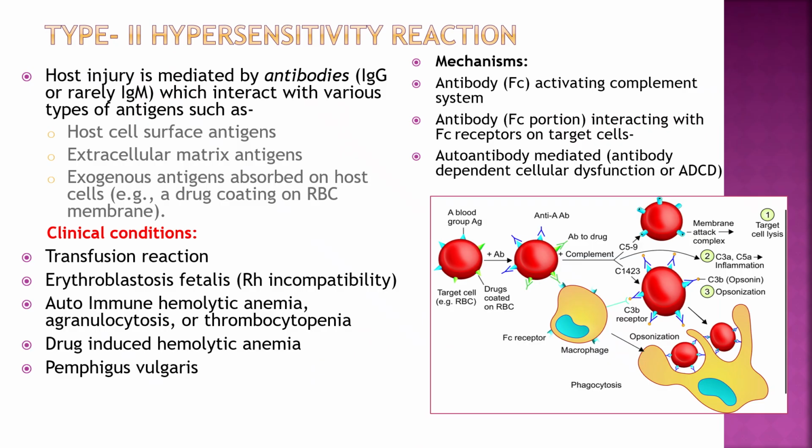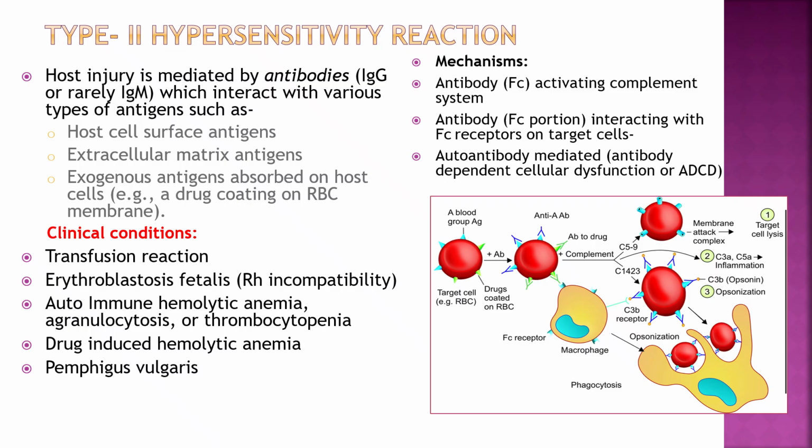Type 2 hypersensitivity reaction: host injury is mediated by antibodies, IgG or rarely IgM, which interact with various types of antigens such as host cell surface antigens, extracellular matrix antigens, and exogenous antigens absorbed on host cells, for example drug coating on the RBC membrane.